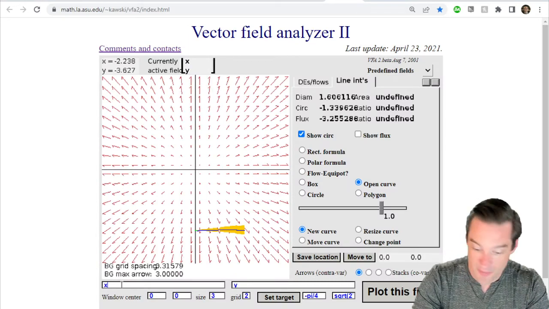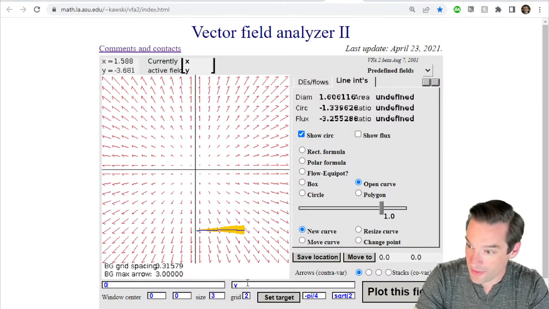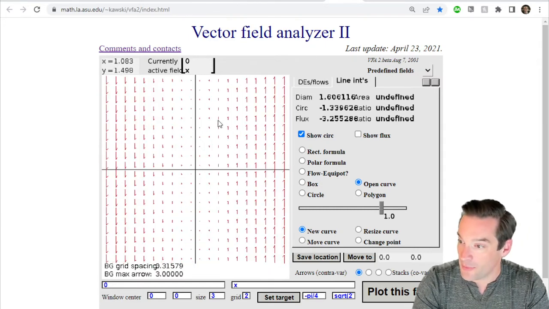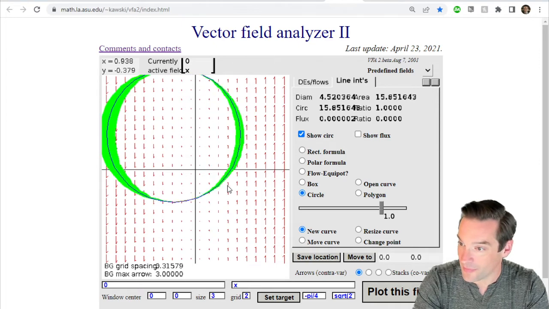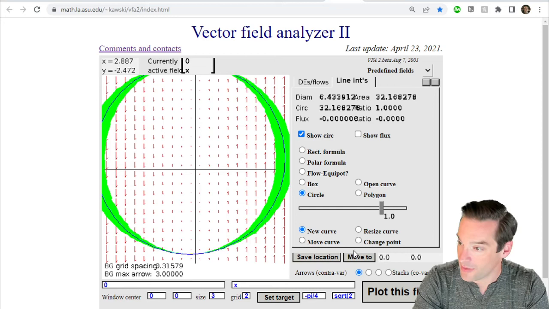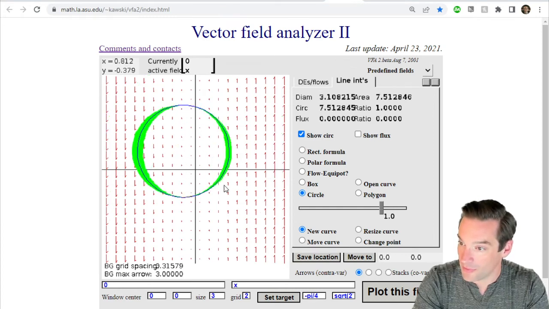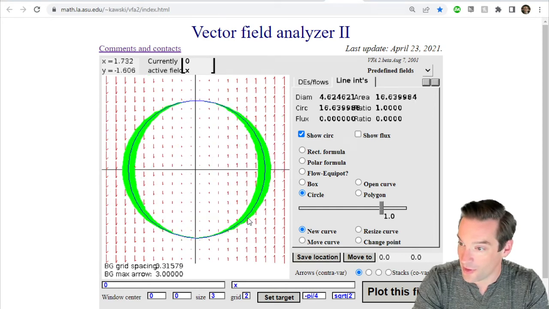If I change up my vector field so that it looks like the example we're looking at here, and then we try this semicircular path, actually it's kind of nice. We can have it draw a circle here. Oops. Let me clear that out and just try. So here's a circle centered at the origin, and it looks like this circle is being parametrized in a counterclockwise fashion.